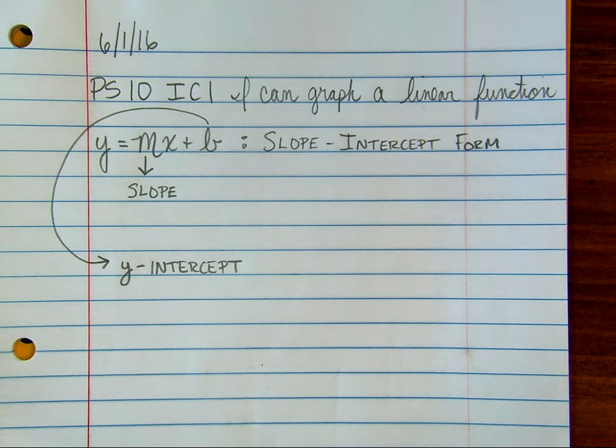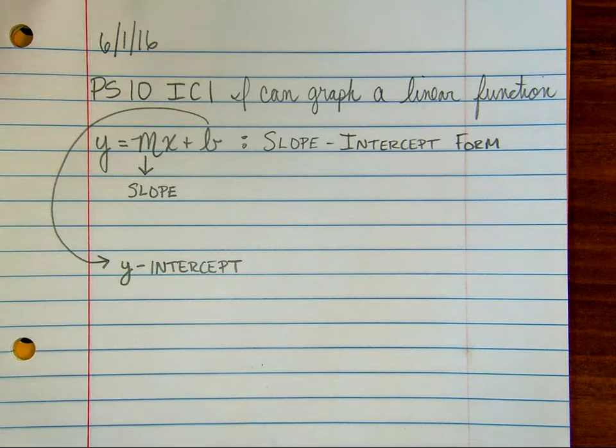Is there an x-intercept? There is an x-intercept. That's in 8th grade. You'll also talk about perpendicular lines, parallel lines. You will be graphing perpendicular lines. You will be graphing parallel lines. Not this year. If you can graph a line, that's all we need you to do.